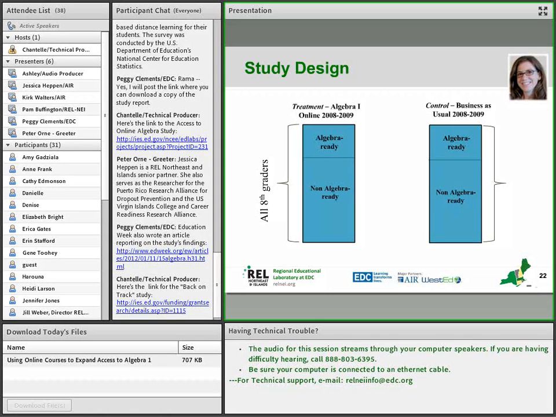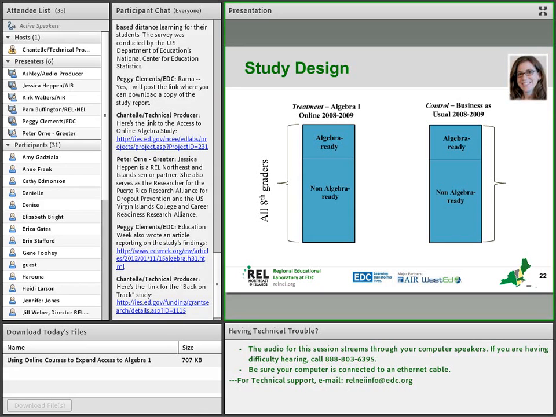So what you see on this screen is a figure representing treatment schools on the left and control schools on the right, where the treatment schools and the control schools include 8th grade students, some of whom are Algebra Ready and some of whom were non-Algebra Ready. And again, the percent across schools of Algebra Ready students was about 22%.